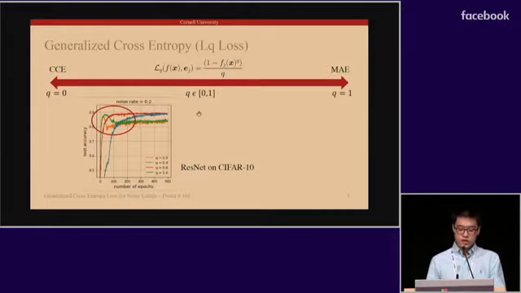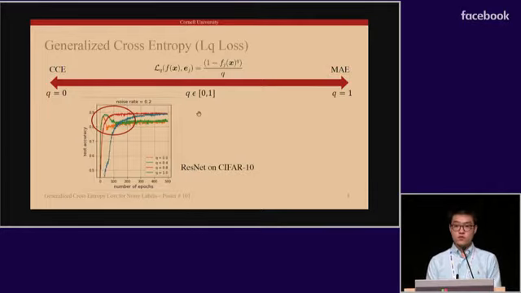To see this, we empirically examined the behavior of Lq loss with various values of q using ResNet on CIFAR10 with manually injected noise. The curves show the plot of test accuracy against the number of epochs. As seen clearly from the orange curve, when trained with cross-entropy, the model starts overfitting very soon. Training with increased q values delayed the overfitting phenomenon so that more useful features can be learned and higher accuracy is achieved.